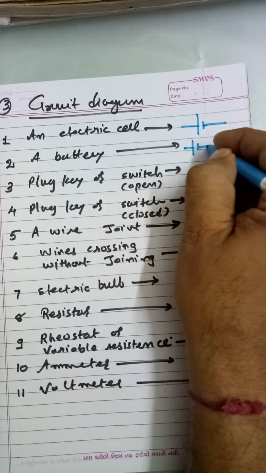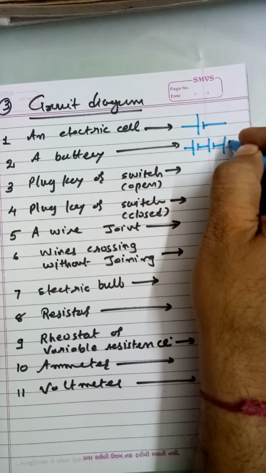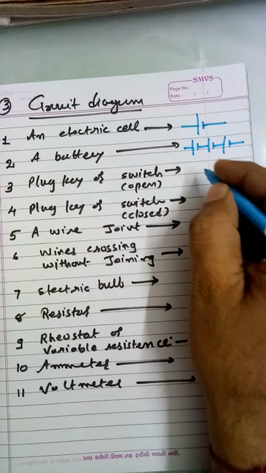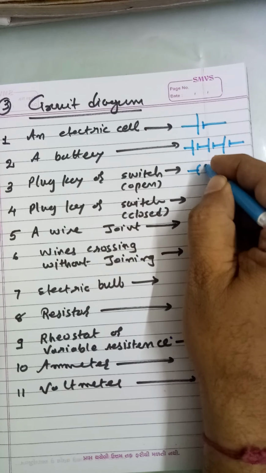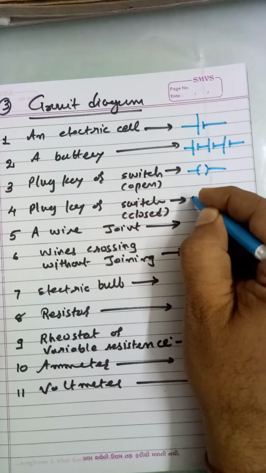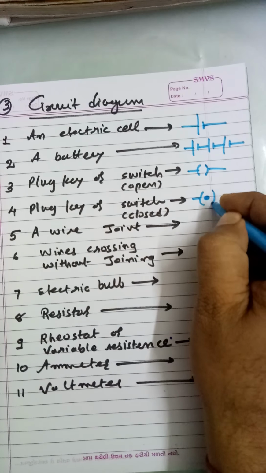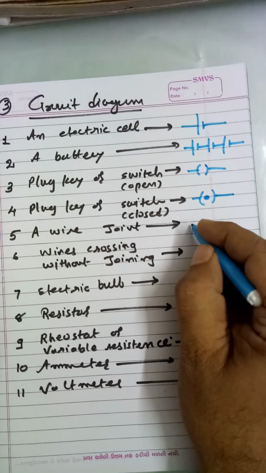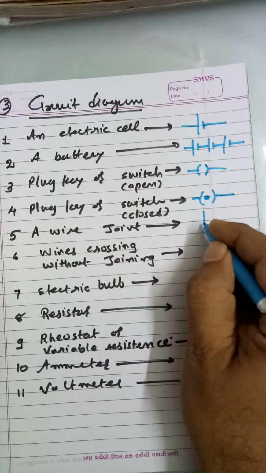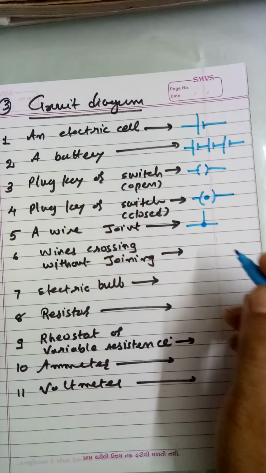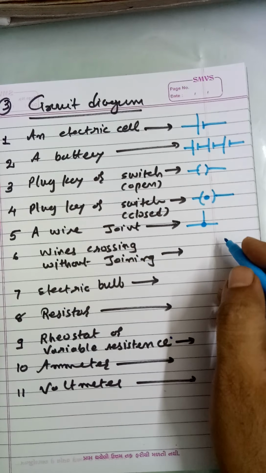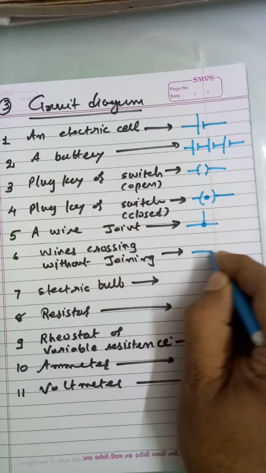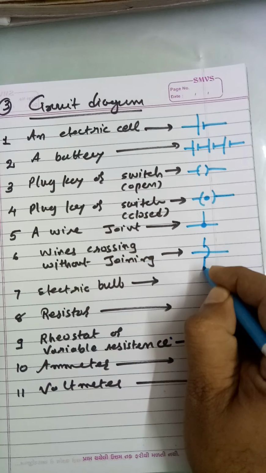Then 3 pairs: 1, 2 and 3. The plug key is the switch, and if a dot is given, that means it is closed. Here is a wire joint, and wire crossing without joint.